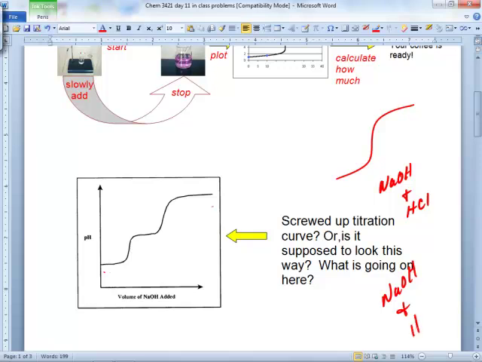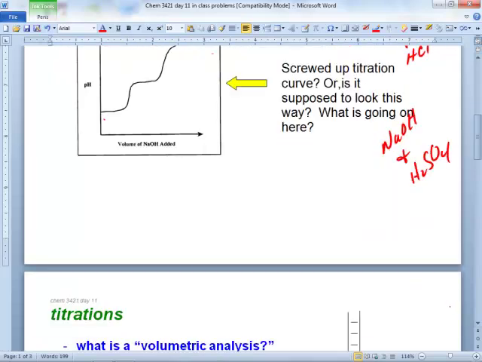H2SO4. First, you're going to get the first acidic hydrogen to react. The most acidic hydrogen will react first, and then boom, the next one will react. A lot of things in nature are diprotic, and a lot of things going on inside your body and cells. Most everything's diprotic or triprotic, and you just keep getting more and more. Okay, but so that's not screwed up.